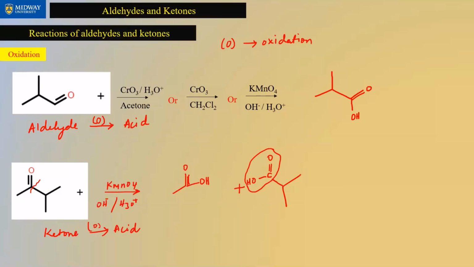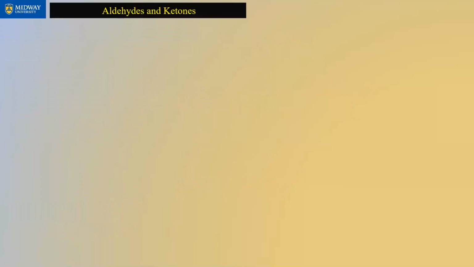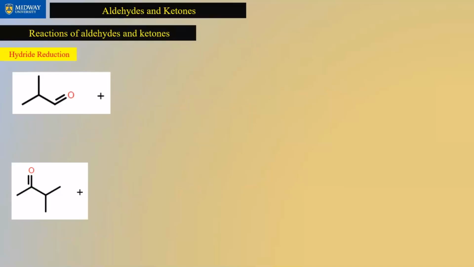Okay, so let me do one more as part of the nucleophilic addition because it's easier. So this is part of the nucleophilic addition. This is hydride reduction, and the reaction is easy to remember because the reagent contains a lot of hydrogen. Very, very simple. All you've got to do is replace the double bond O with an OH because it's a reduction. This is for an aldehyde.